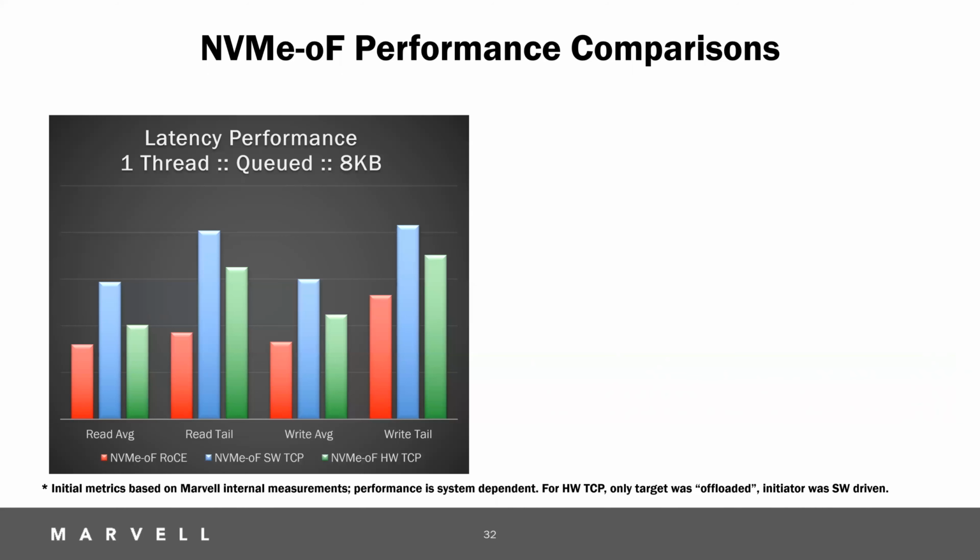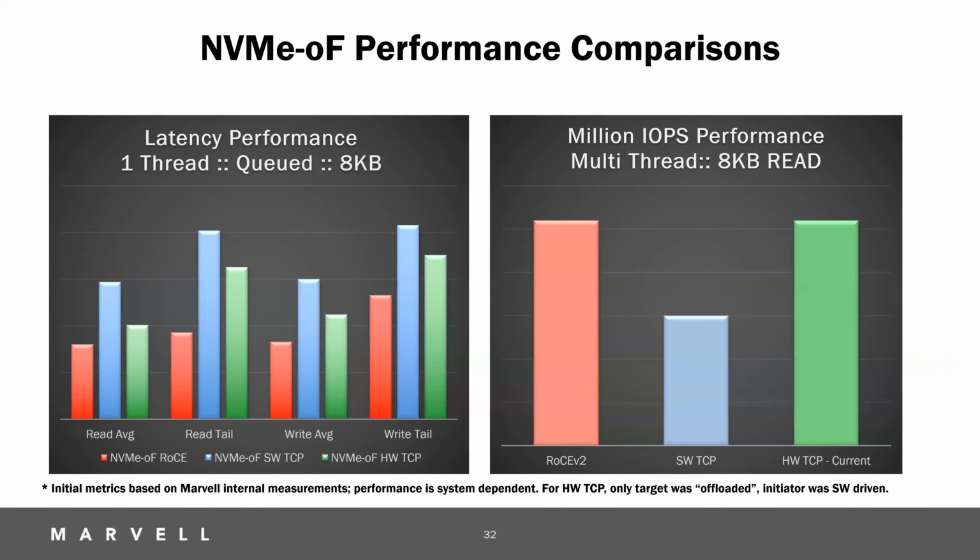As you can see, software TCP does have much higher latency than offloaded TCP. But when it comes to multi-threaded performance, when you're talking about more top-line IOPS, we see in our own measurements that hardware TCP as well as RoCE v2 provides similar top-of-the-line millions of IOPS performance, while software TCP is bogged down, primarily because we were running out of CPU horsepower, since software TCP utilizes a bunch of x86 cores.